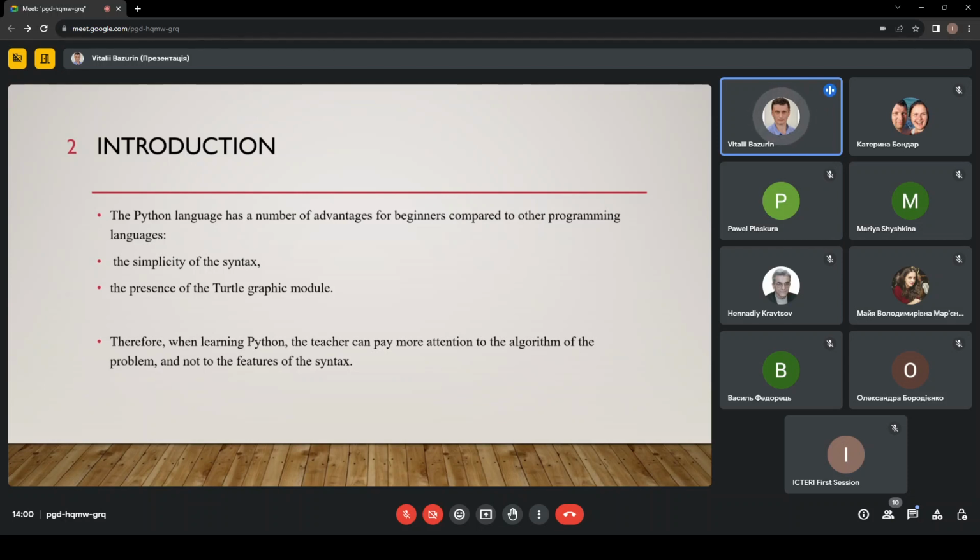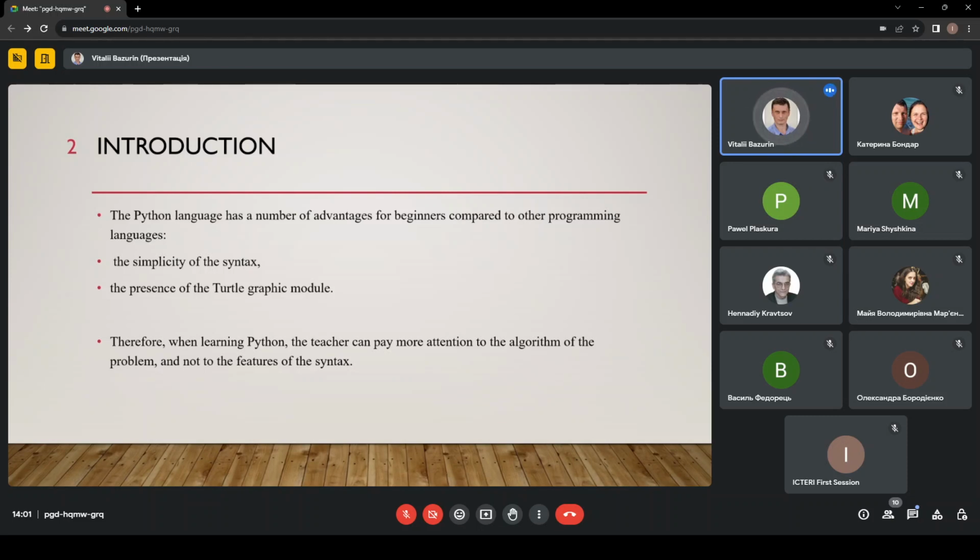The Python language has a number of advantages for beginners compared to other programming languages. The simplicity of the syntax, the presence of the turtle graphic model. Therefore, when learning Python, the teacher can pay more attention to the algorithm of the problem and not to features of the syntax.